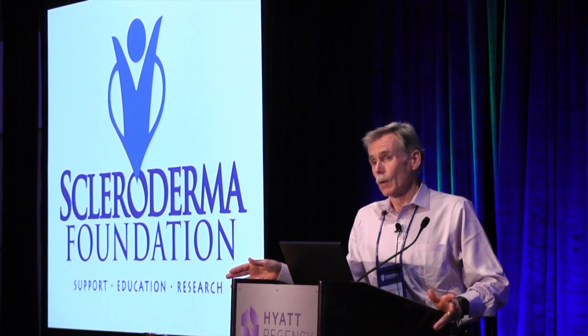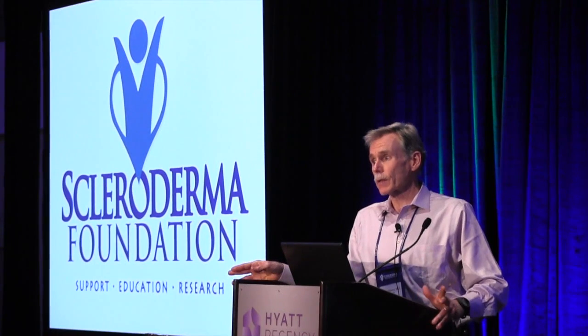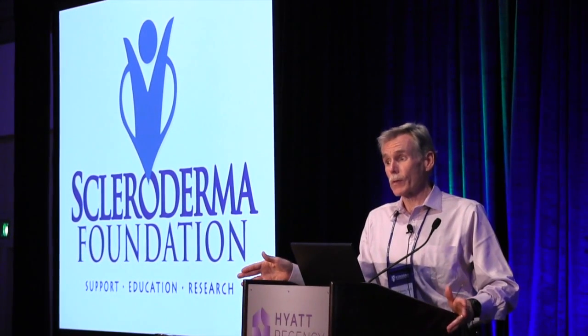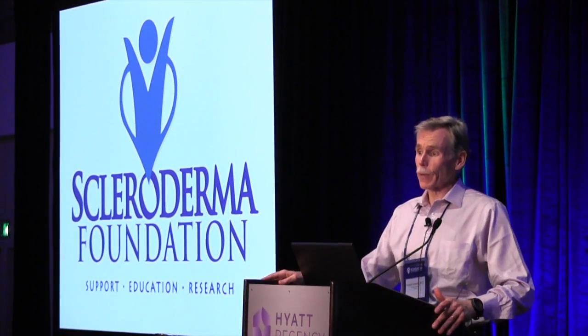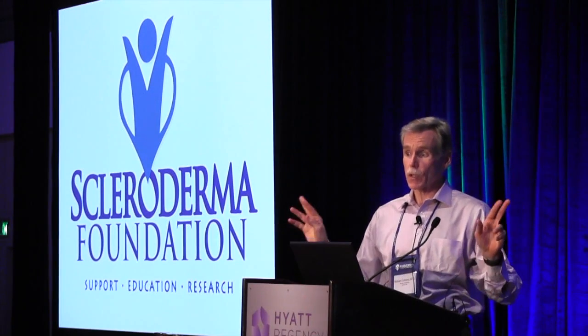Yes, I think so. It wasn't that long ago when scleroderma was considered an untreatable disease. Now, at least we think it's a treatable disease, and I think the next step is a curable disease, or at least using our definition of cure that we use in rheumatoid arthritis, which is that you have a treatment that suppresses the disease. It may mean that you need to continue that treatment to effectively achieve a cure.